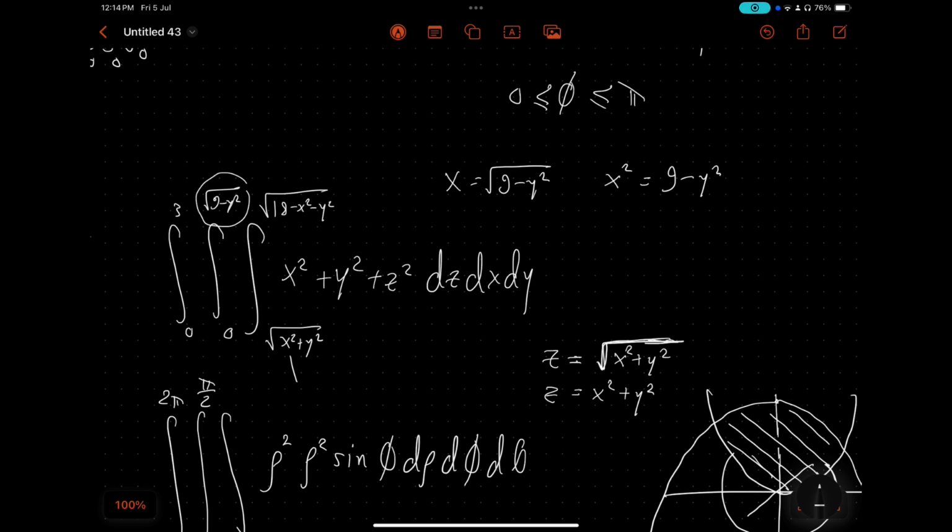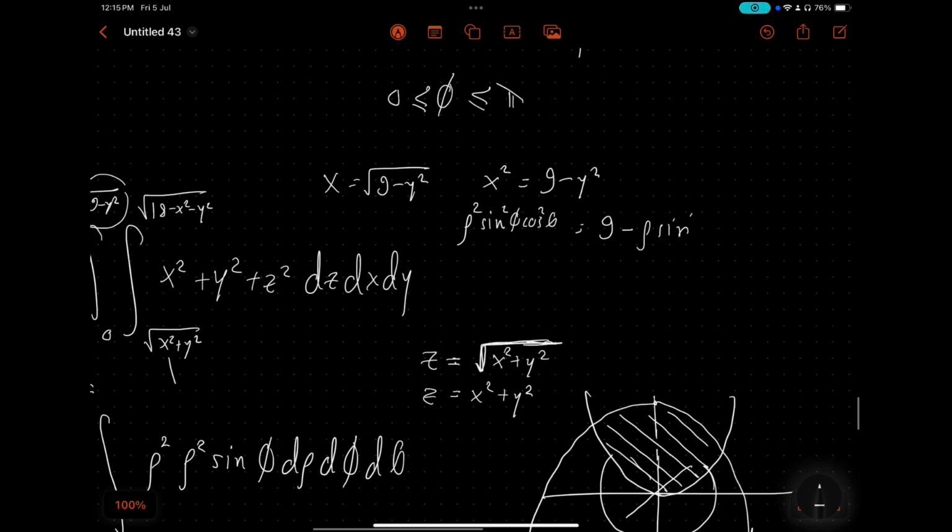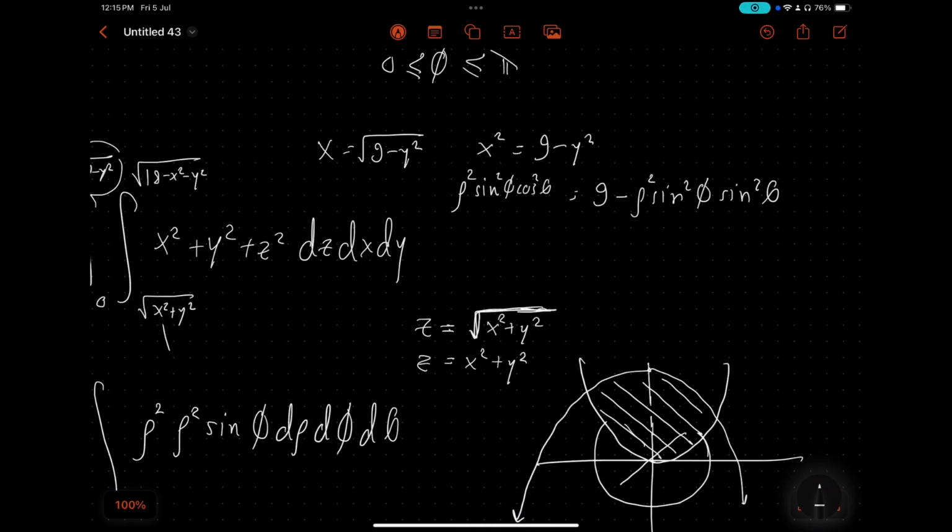So we're going to have rho squared sine squared phi cosine squared theta equals 9 minus rho squared sine squared phi sine squared theta. Now if we take some common factors, we get rho squared sine squared phi times (cosine squared theta minus sine squared theta).